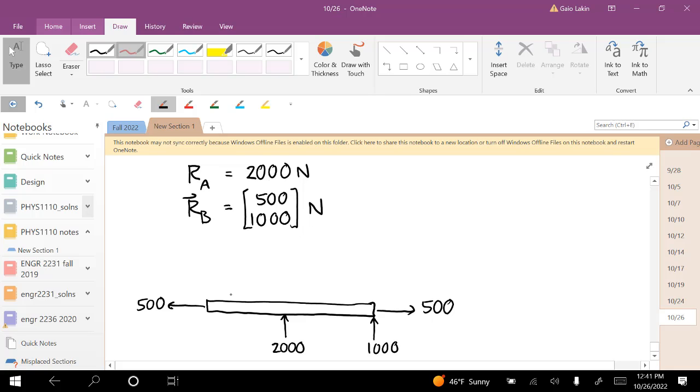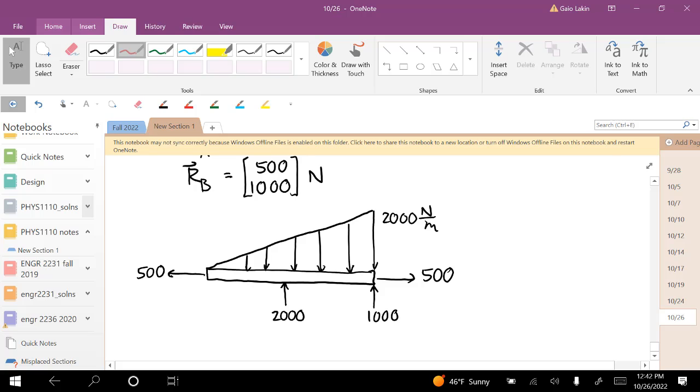And now, instead of drawing in the point force that represents this, just to emphasize that that's not a real force, I'm going to put this thing in. Okay, so this is a finished free body diagram of the full body.